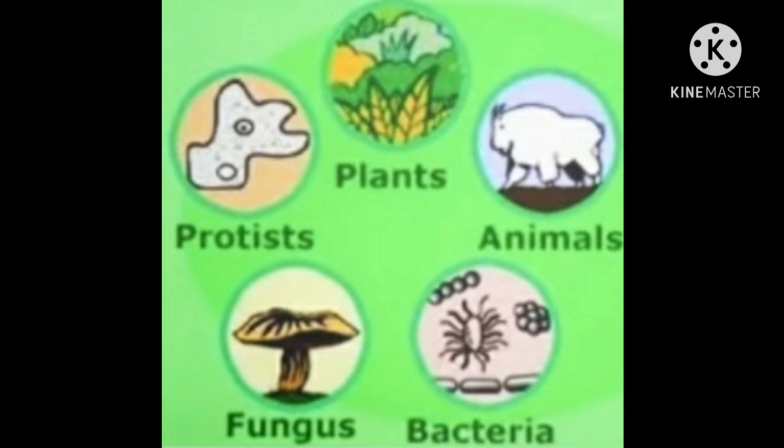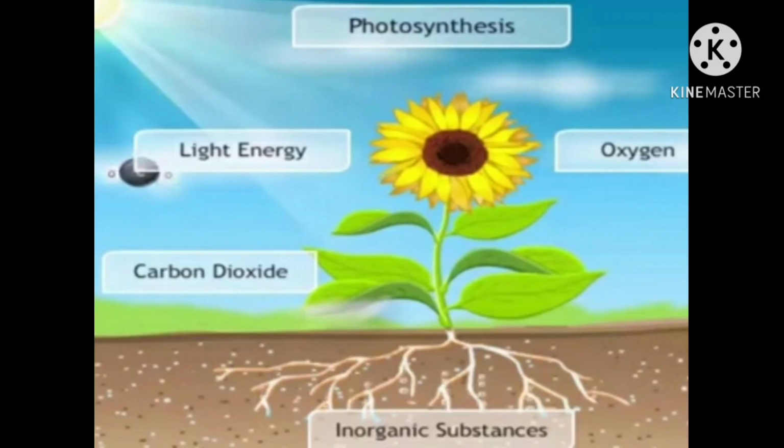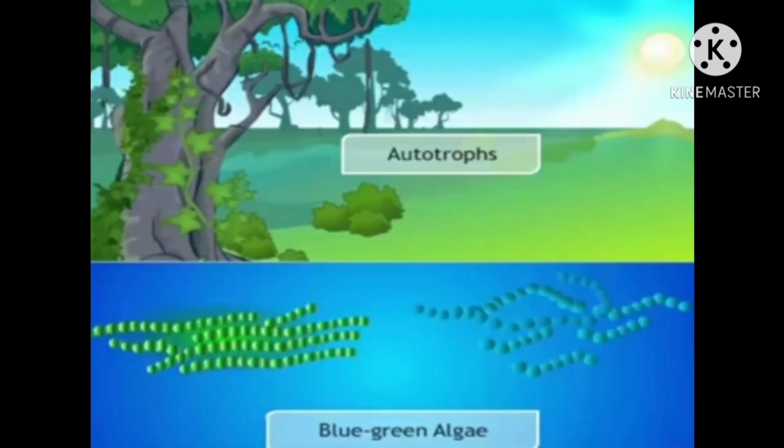On the basis of food habits, these are classified as producers, consumers, and decomposers. Producers are autotrophs, which synthesize food from inorganic substances. All green plants and certain blue-green algae act as producers in an ecosystem.